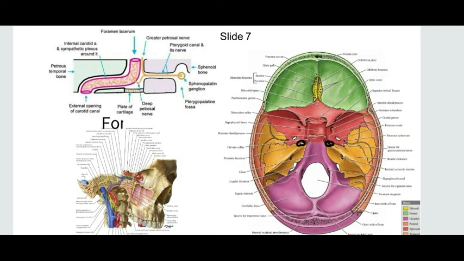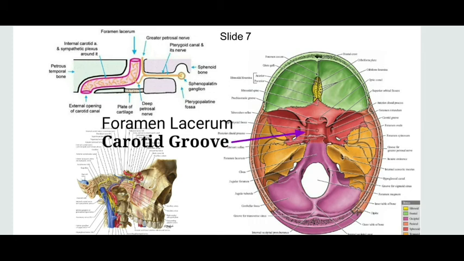The foramen lacerum lies at the posterior end of the carotid groove, posteromedial to the foramen ovale.